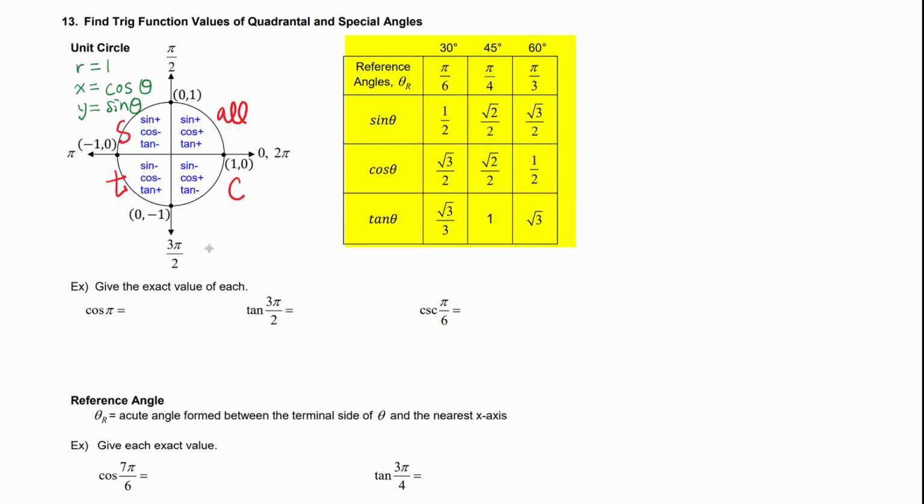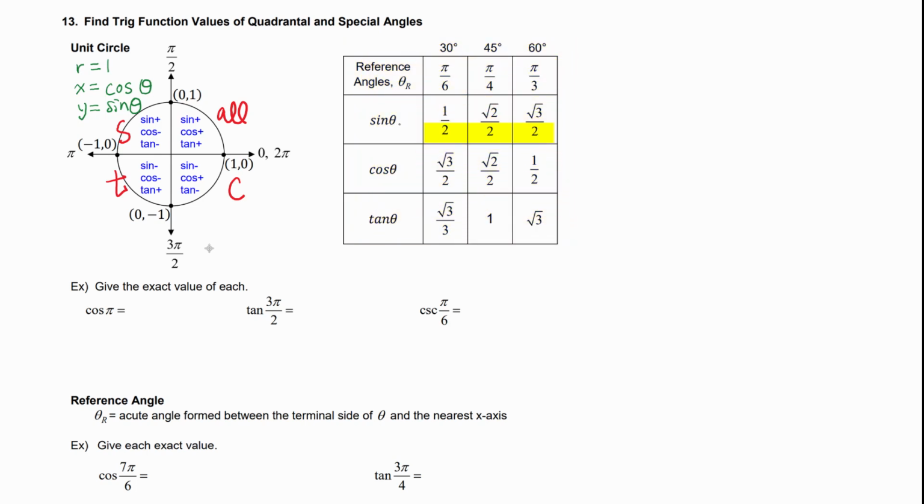And here are special angles that you need to memorize. For all these special angles of 30 degrees, 45 degrees, 60 degrees, in radians pi over 6, pi over 4, pi over 3, and their reference angles, we can memorize these values for trig functions and use them. This is how I used to memorize when I was a student.